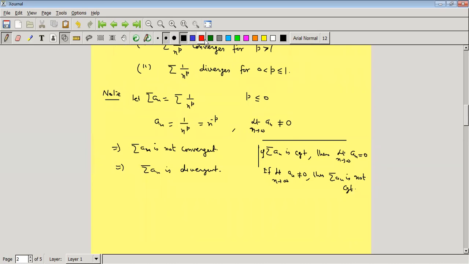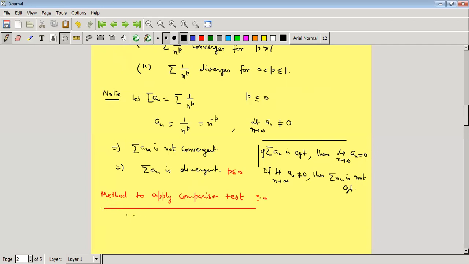So, the method to apply the comparison test. How can we apply the comparison test in numerical problems?